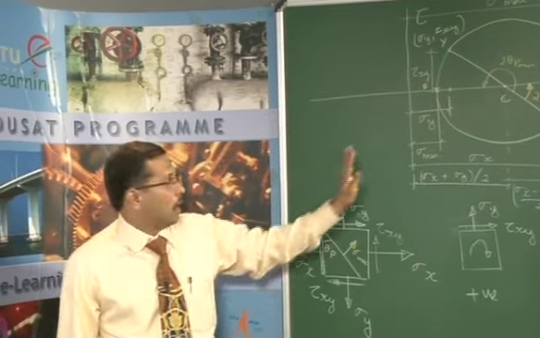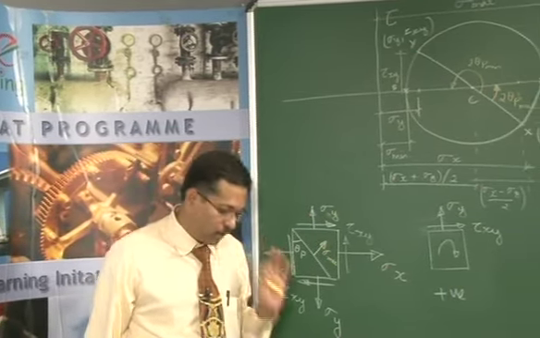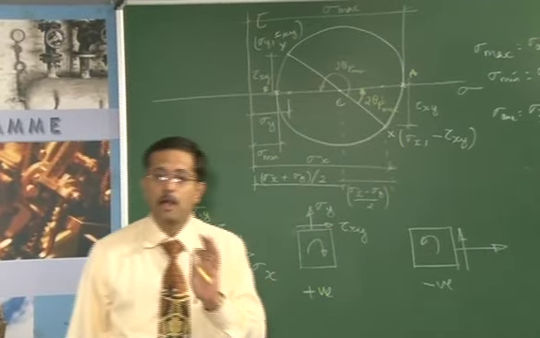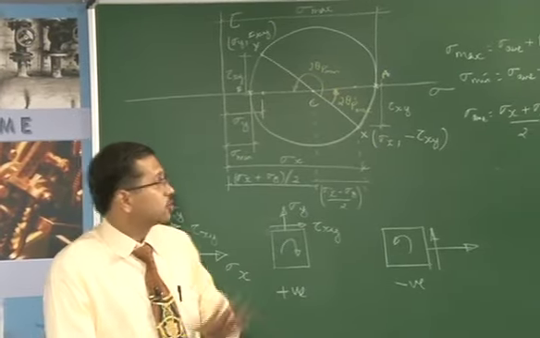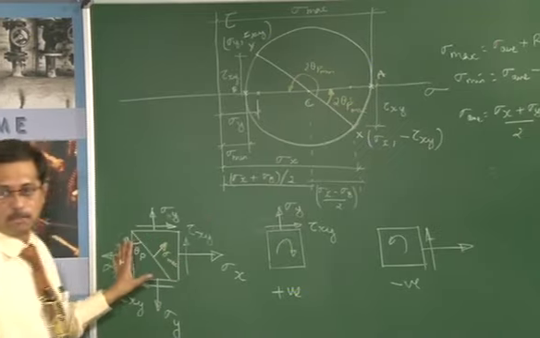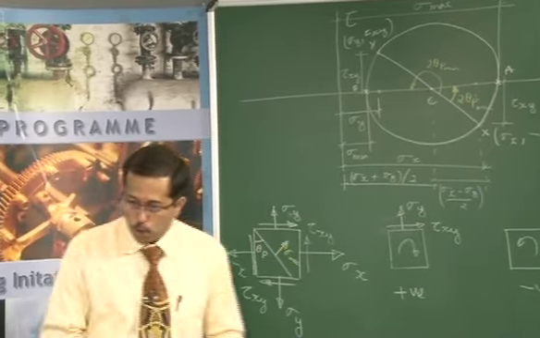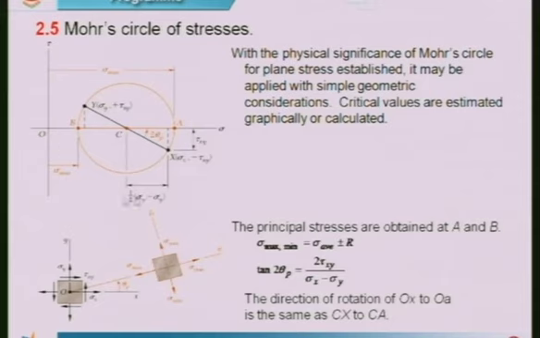Okay. So, I hope you have understood what is Mohr circle and how to draw Mohr circle for a given stress block. Now, look at the PPT. We have the Mohr circle, whatever I just now explained is given here. The maximum principal stress is given by OA. OB corresponds to the minimum principal stress.